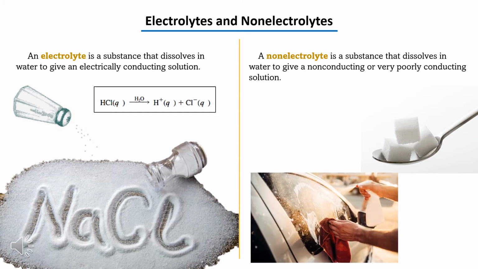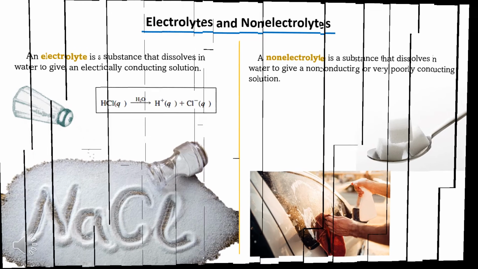It is a compound used in car window washer solution. Both of these are molecular substances. The solution process occurs because molecules of the substance mix with molecules of water. Molecules are electrically neutral and cannot carry an electric current, so the solution is electrically non-conducting.